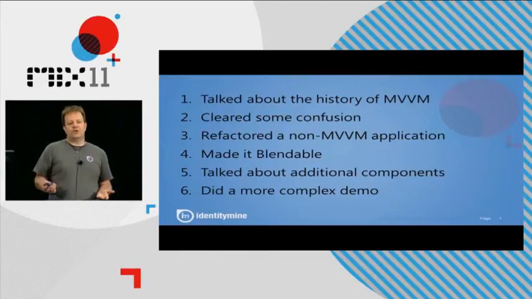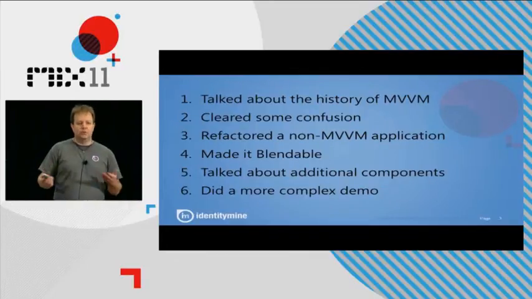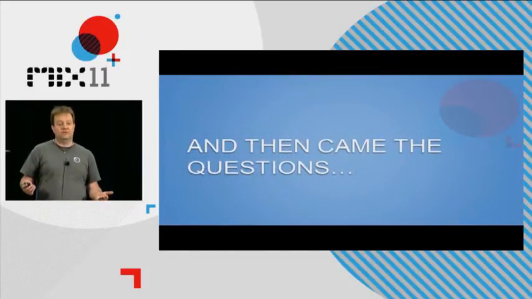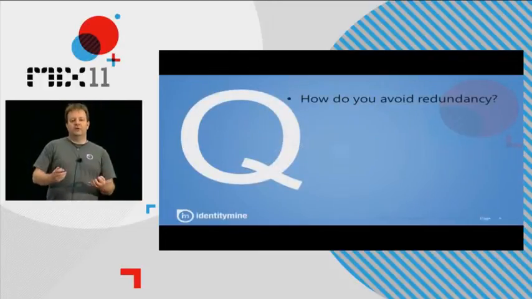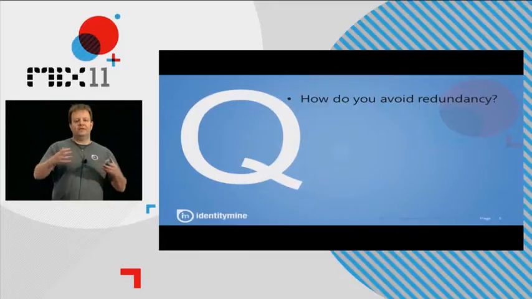So it was a cool session. Everybody had fun. We had good feedback. And then we went back home, worked on real-life applications, and then came the questions. For example, how do you avoid redundancy? How do you do when you have a data object and you want to wrap it in a data view model, and you want to avoid replicating all the properties, because that would be redundant?